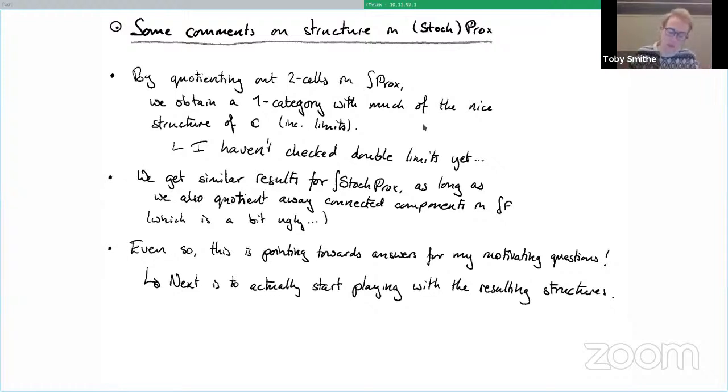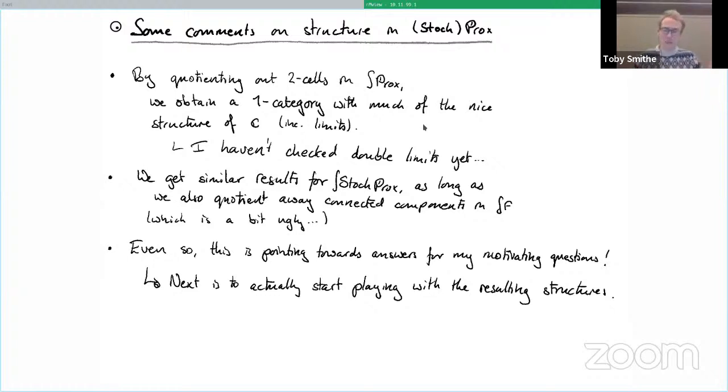The same kinds of results hold for this stock prox construction, as long as I quotient away the connected components in F. That is to say, if I've got a way of going from one distribution to another according to the two-cell structure that I've quotiented away, then I can consider those distributions to be equivalent as well. Again, that's a bit ugly, and so I need a better way of doing that.